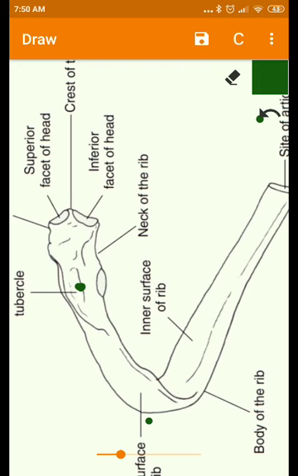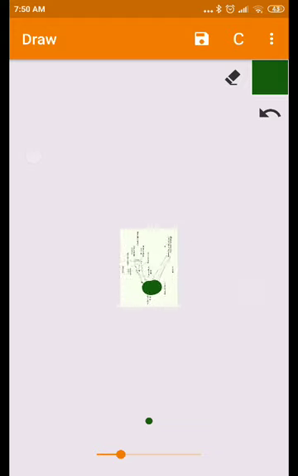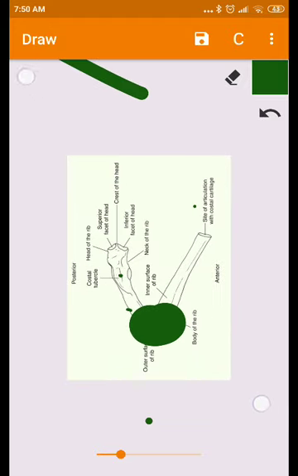Here the shaft is flattened, so it has two surfaces, outer and inner, and two borders, superior and inferior. We can call them the upper border and lower border also. The shaft is curved with its convexity outwards.